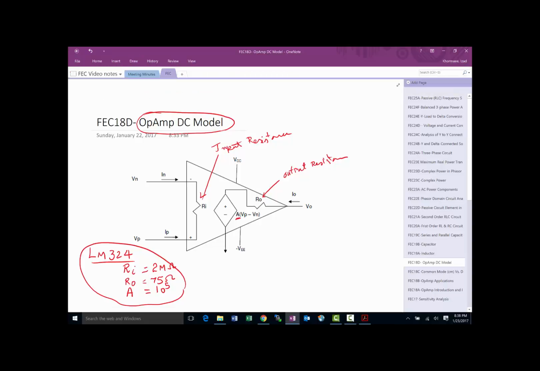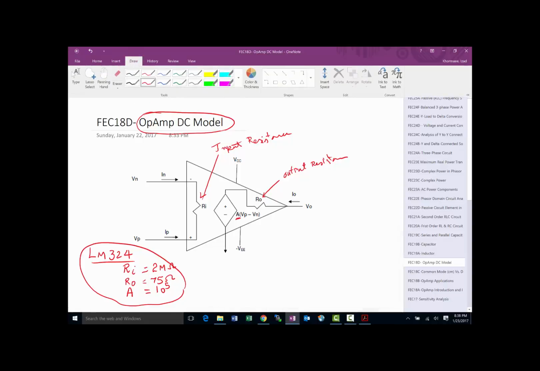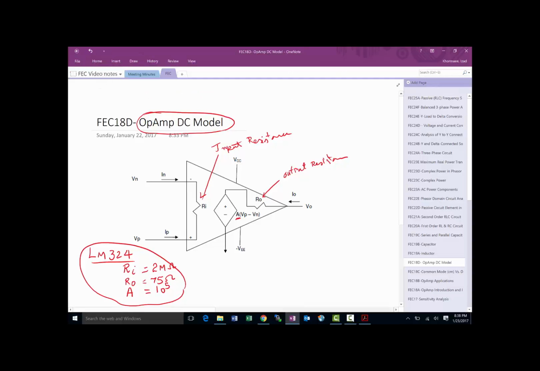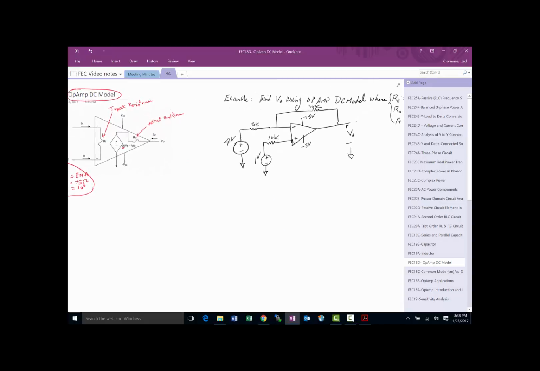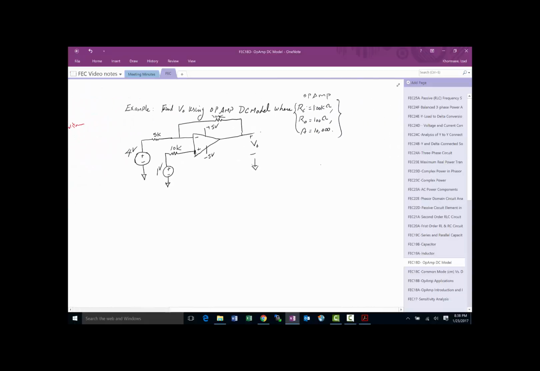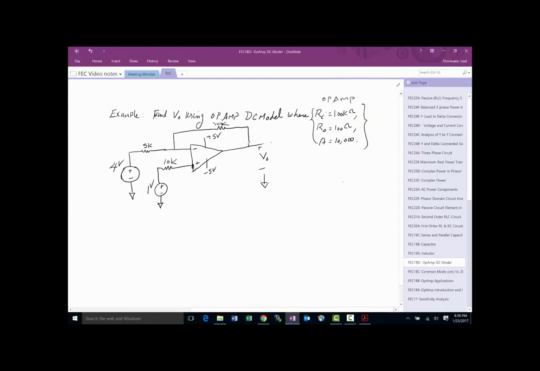So now let's take a look at an example so we can see how we apply this. Here I have an example set aside, a little bigger, which basically says we have this circuit set up, and they want you to find V out here.